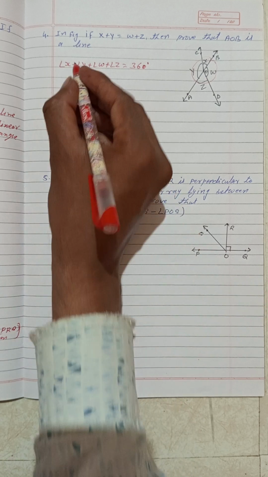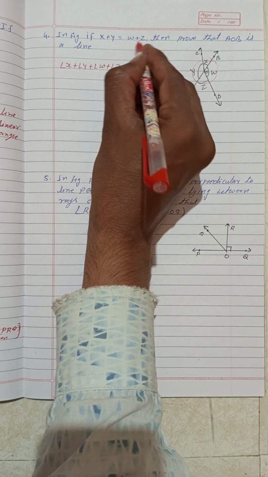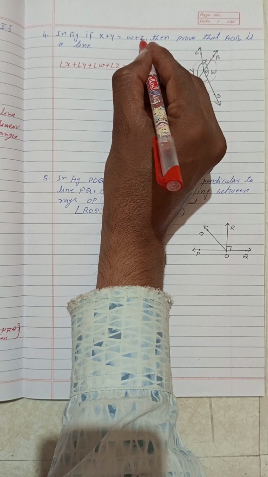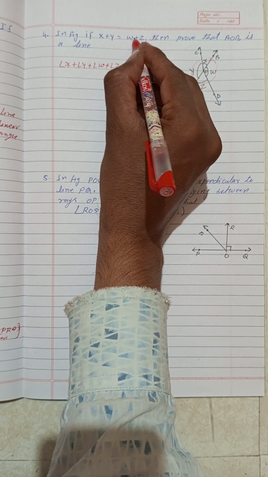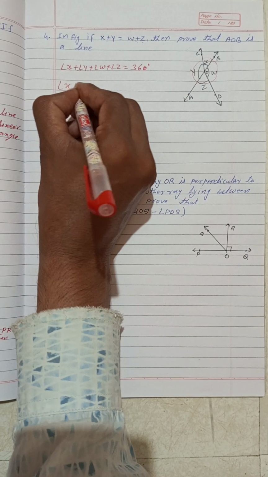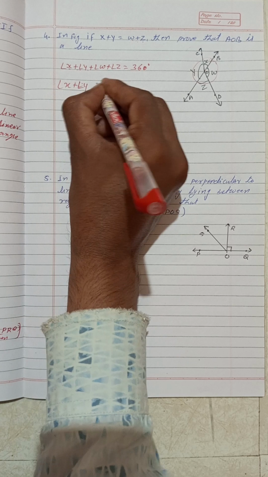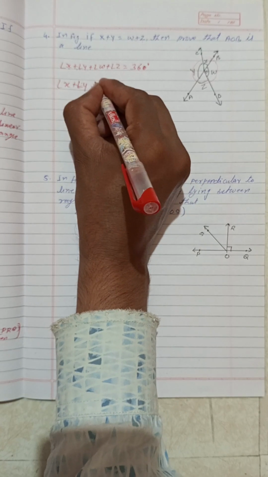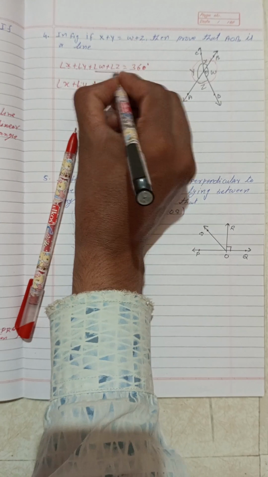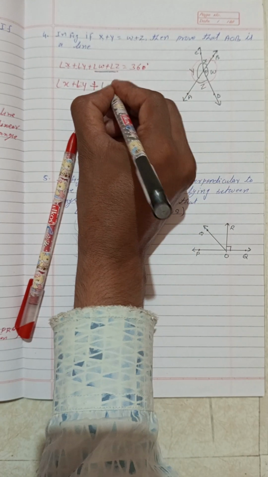Now it is already given that x plus y is equal to w plus z. Instead of x plus y you can write w plus z, or instead of w plus z you can write x plus y.